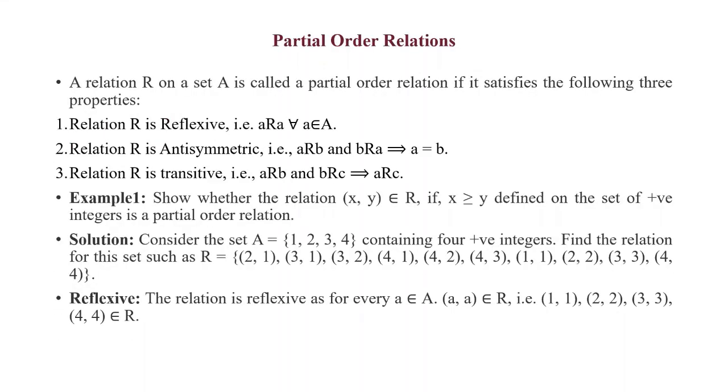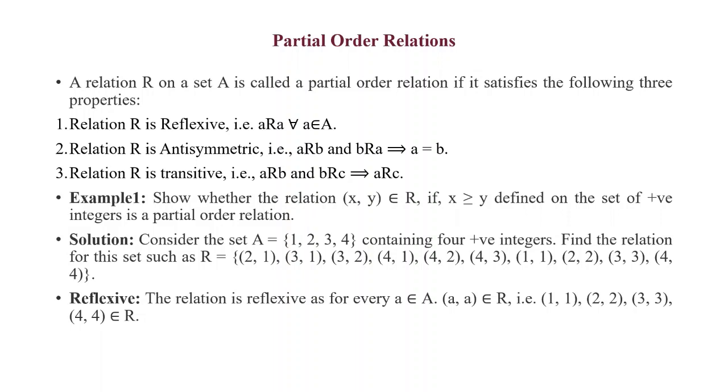Next, partial order relation. A relation R on set A is called a partial order relation if it satisfies three properties. First, the relation R is reflexive.